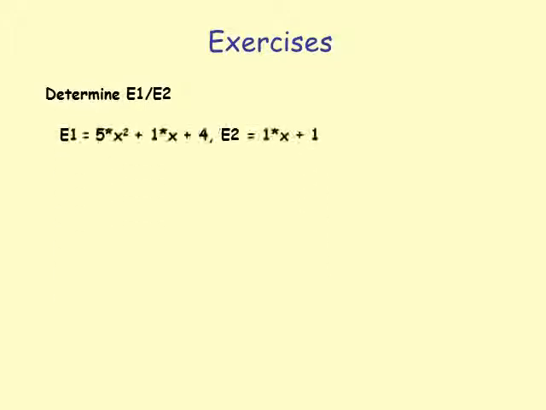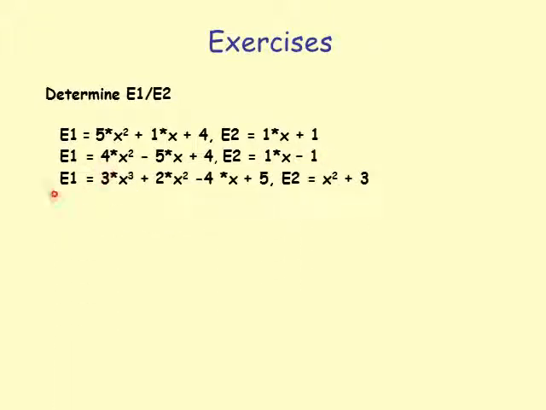Here we determine E1 divided by E2, where E1 is 5x squared plus x plus 4, and E2 is x plus 1. Let's continue. E1 is 4x squared minus 5x plus 4, and E2 is x minus 1. E1 is 3x cubed plus 2x squared minus 4x plus 5, and E2 is x squared plus 3.